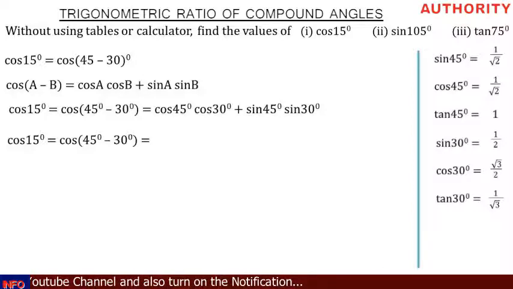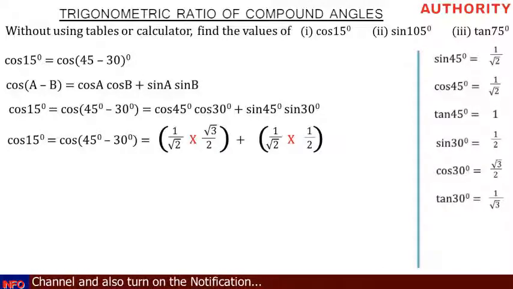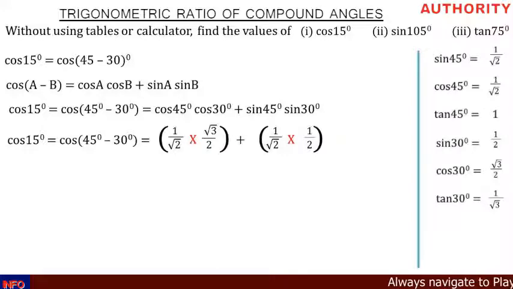So we have cos 45 degrees to be 1 over root 2, times cos 30 degrees, which is root 3 over 2. Now let's place these two terms in bracket, okay? Then plus sin 45 degrees, which is 1 over root 2, times sin 30 degrees, which is 1 over 2. Now let's also place this in bracket.